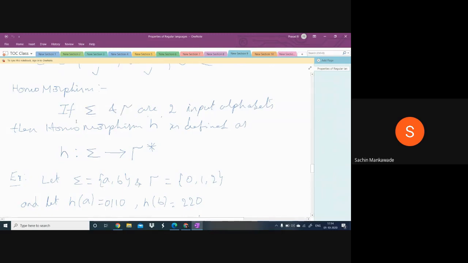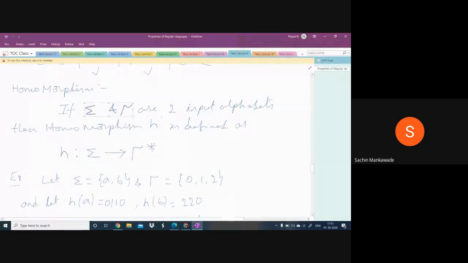So two input alphabets. Remember, these two will not be exactly the same. If sigma is 0, 1, 2, then tau is not also 0, 1, 2. Tau can be 0, 1, 2, 3 or only 1, 2, 3 or 2, 3, 4, 5, like that.